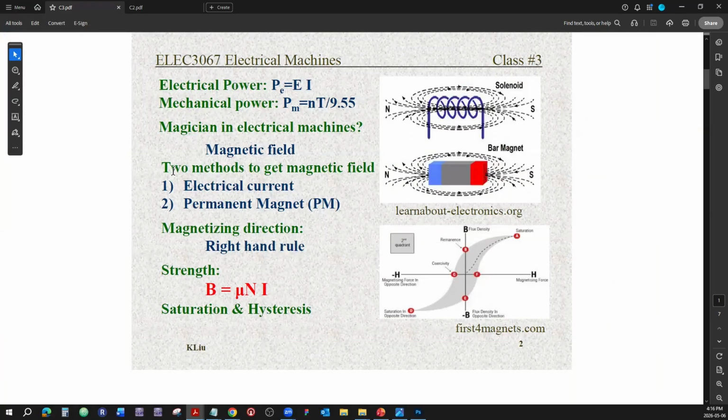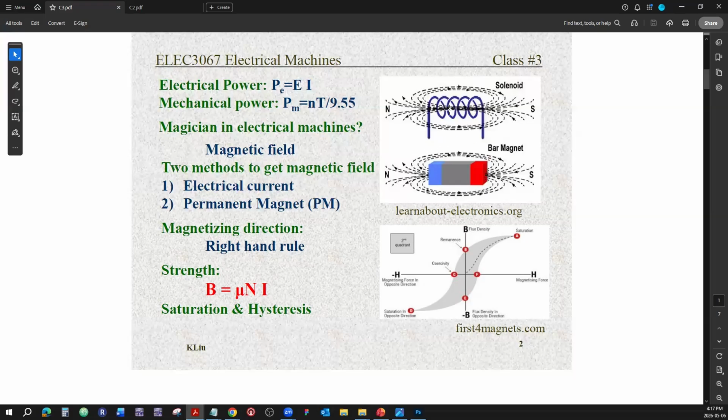So two methods of getting a magnetic field: electric current or permanent magnet. Both are going to give us a magnetic field. What's a magnetic field? Well, there are magnetic lines of certain strength that travel in a certain direction. They always travel from north to south. All right. On the outside, of course.